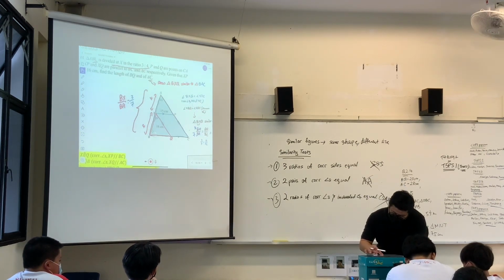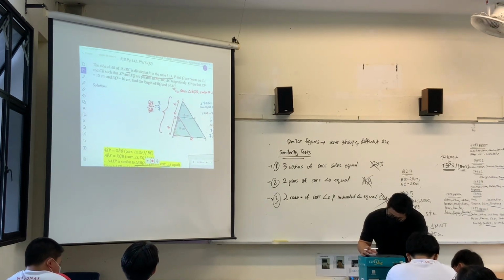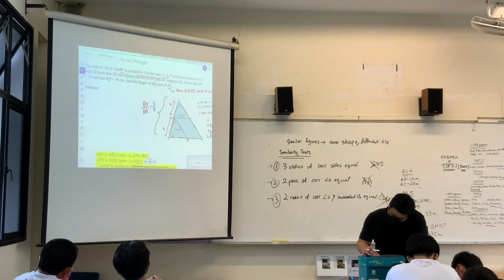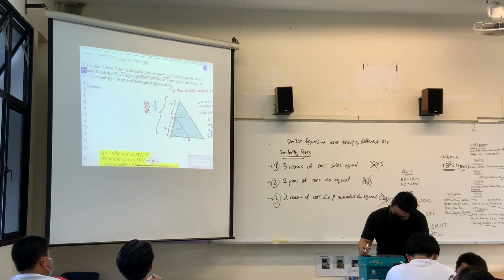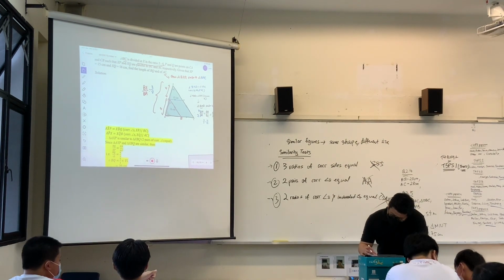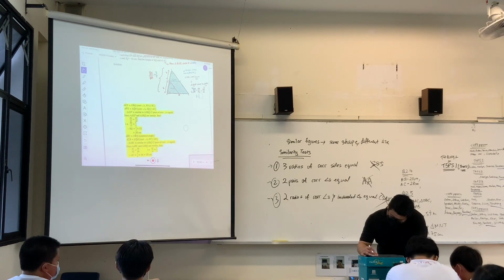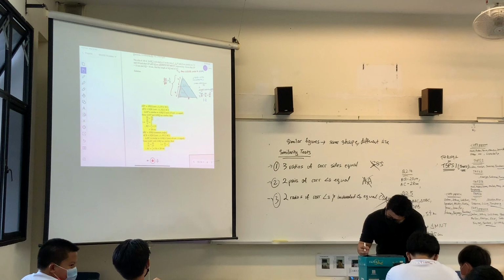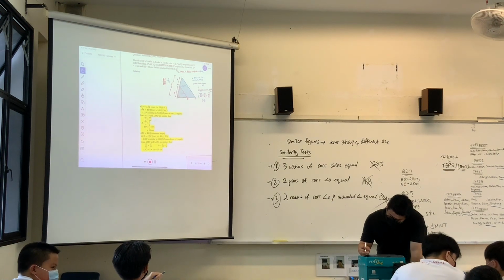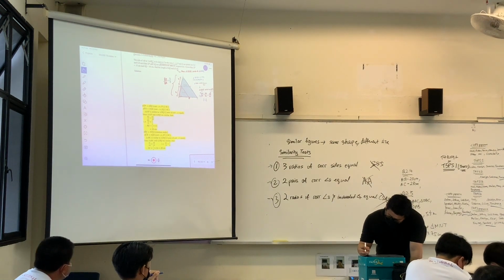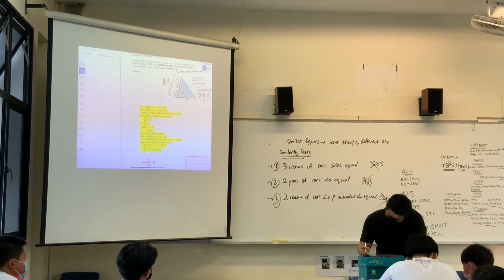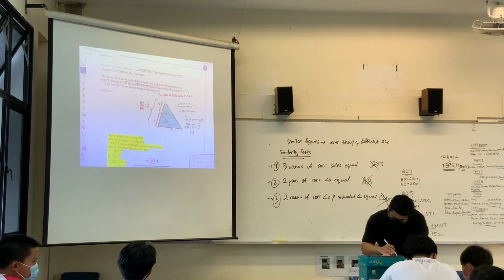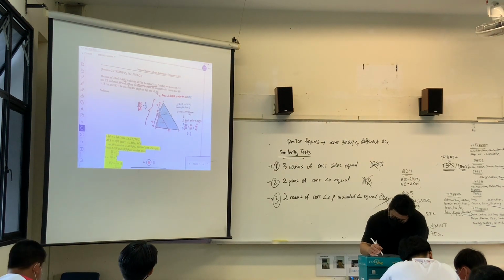Four is the one at the bottom? AB is divided by X in the ratio 3:4.